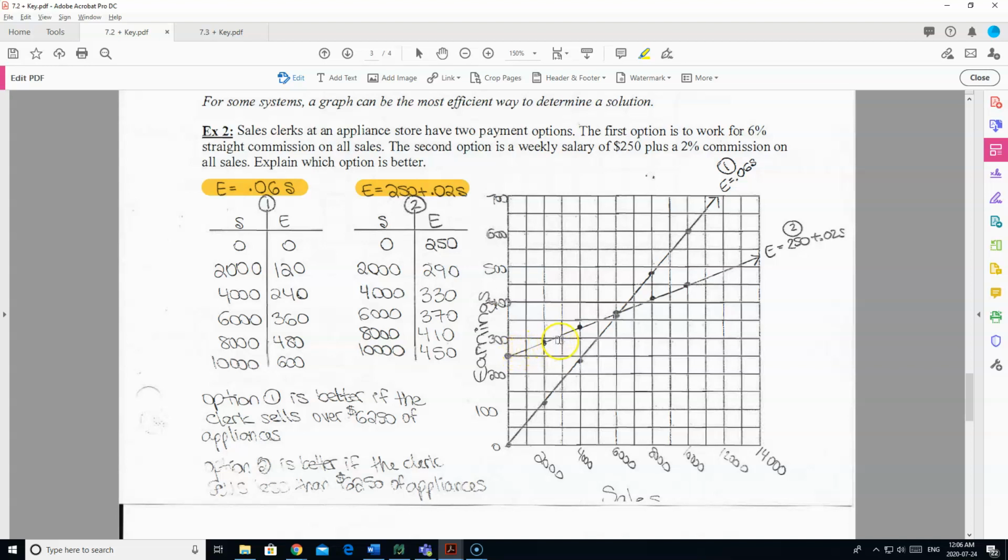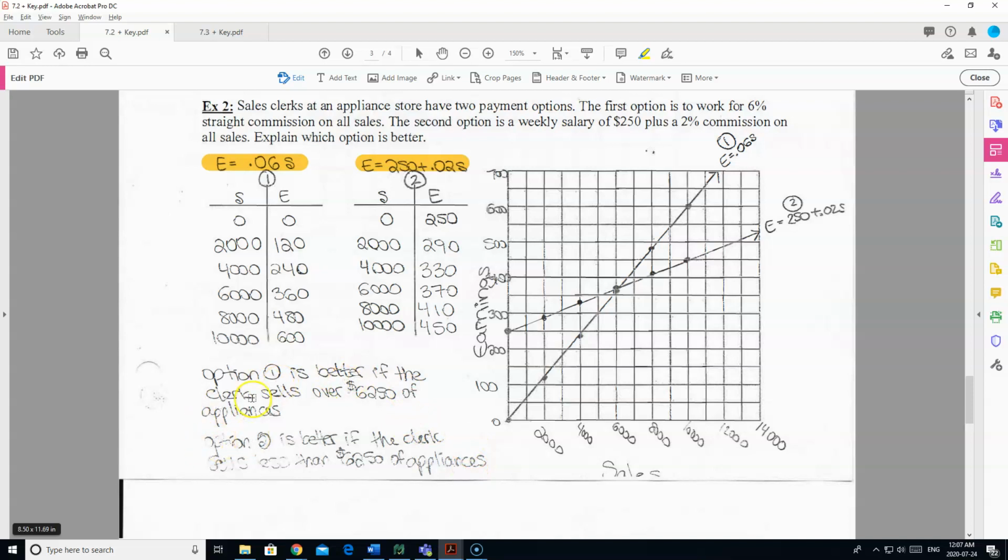So the base salary, even if you don't sell much, is still better than the other option, until you hit this point. So it's actually a little bit more than 6,000, but once you get a little past 6,000 sales, then it's better to take the higher commission rate, right? Because you're selling enough to justify starting at 0 base salary. So to answer the question again, it's better to have the 250 base salary equation unless you're able to sell more than 6,200, and then it's better to have the commission.